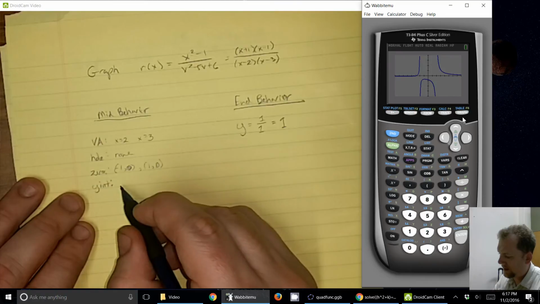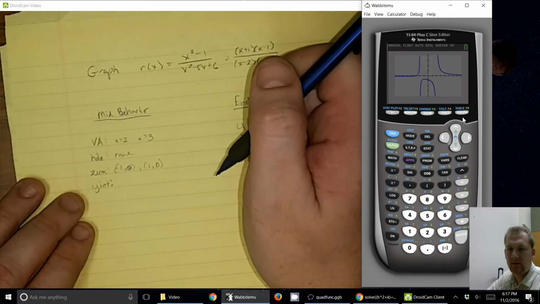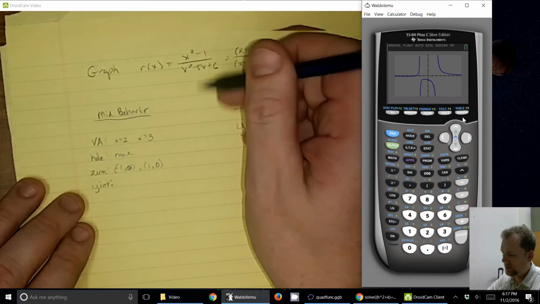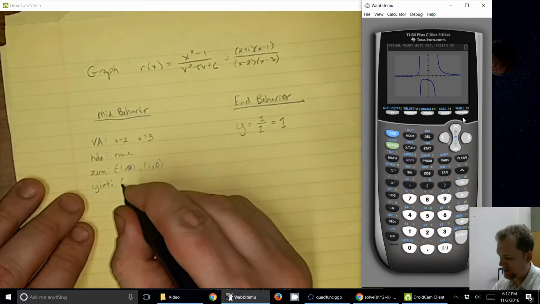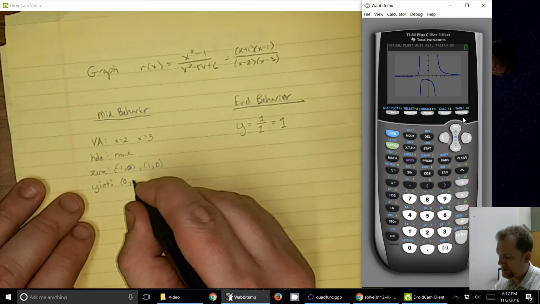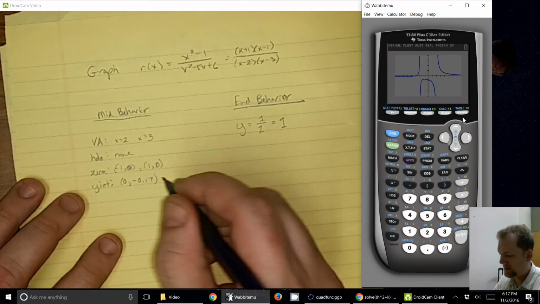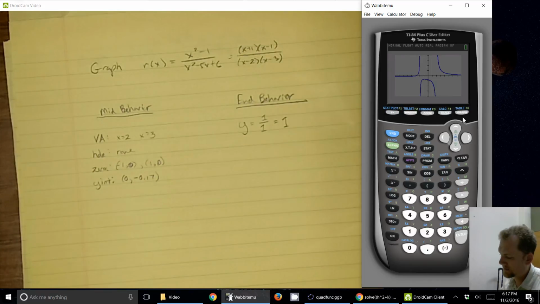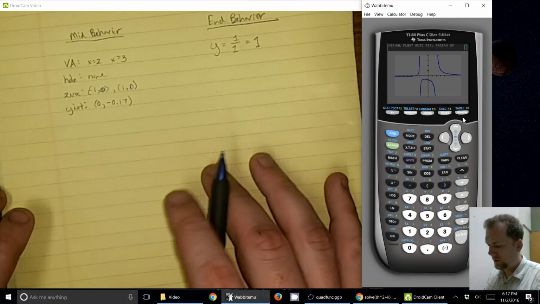And then the y-int is the ratio of the constants, because all these are at 0 and you plug 0 in. So it's -1 over 6, which is -0.17 basically. It's like 0.16666, I'm rounding it. There, the analysis done. So now we set up our table.